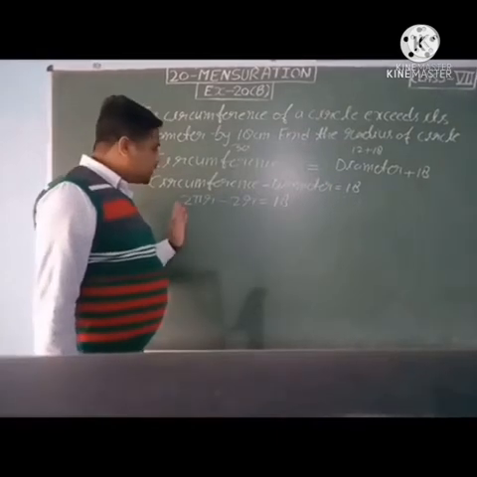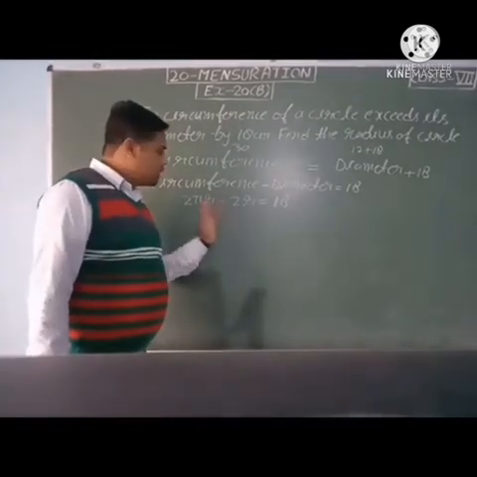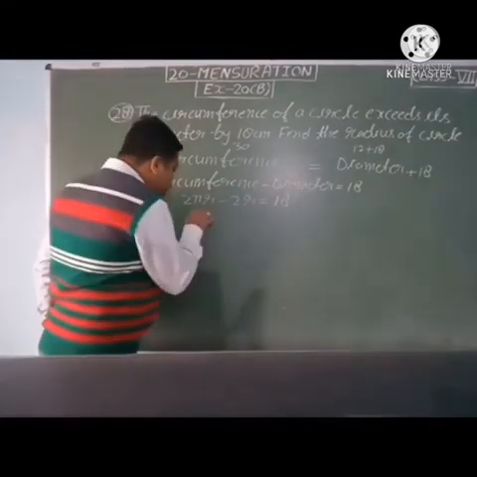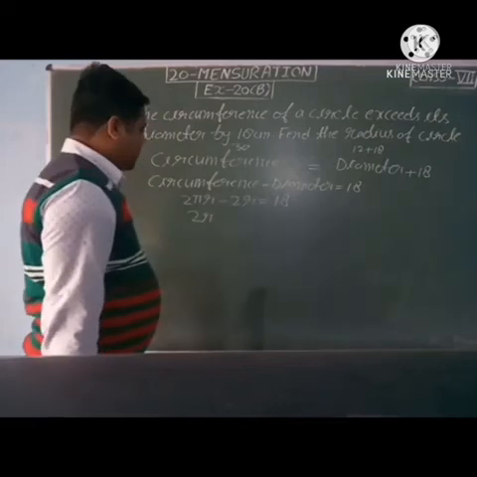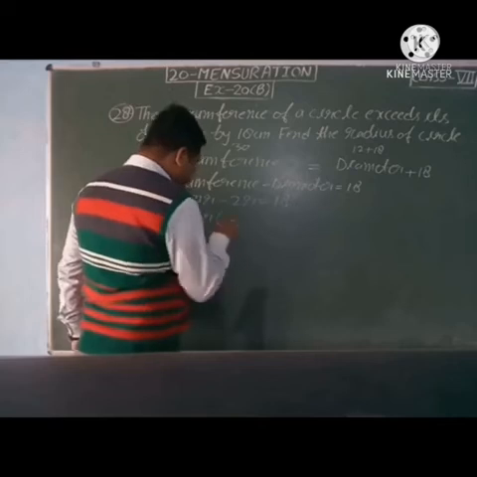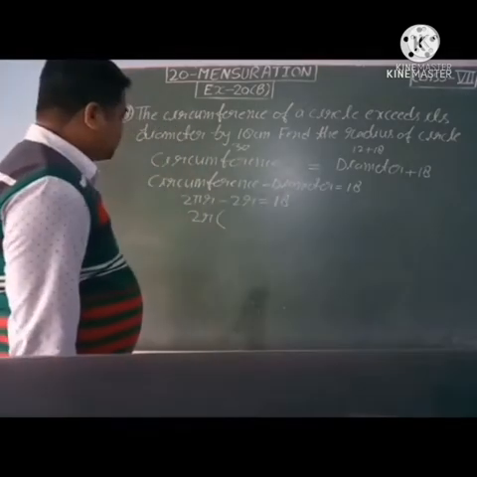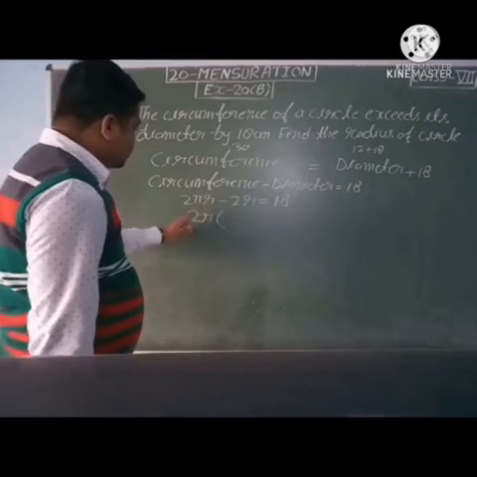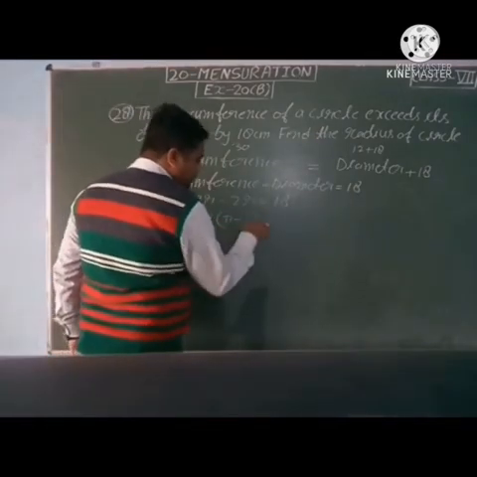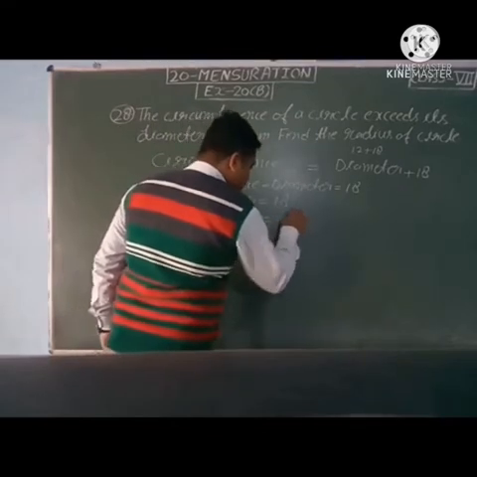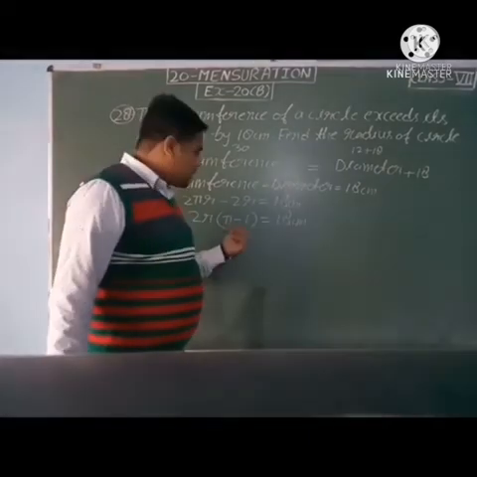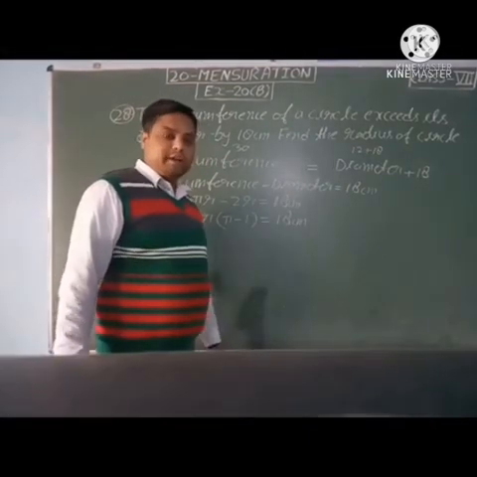Now we can take common 2r because 2r is present in both 2 pi r and 2r. So 2r we can take common. Now here what is left? See, 2r to 2r cancelled, pi, and here minus 2r to 2r cancelled, 1 is equal to 18. So students, it is coming 2r bracket pi minus 1 is equal to 18 centimeter.